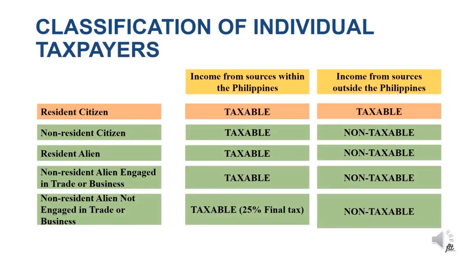When we say final tax, these are withheld before the taxpayer receives the income. Okay, so after you have understood the classification and tax situs of the different individual taxpayers, now let us proceed to the different types of income.